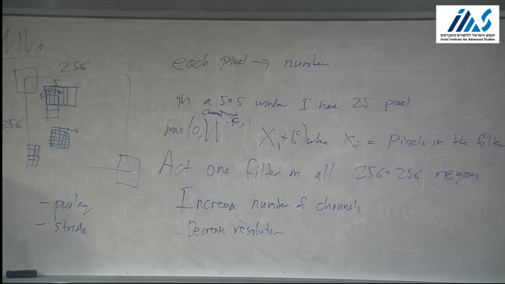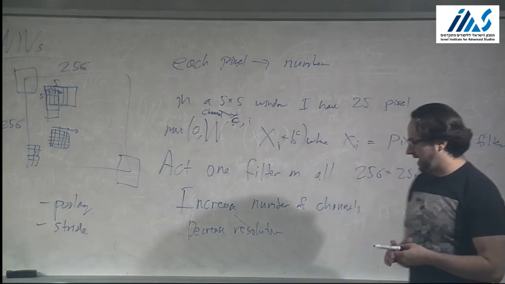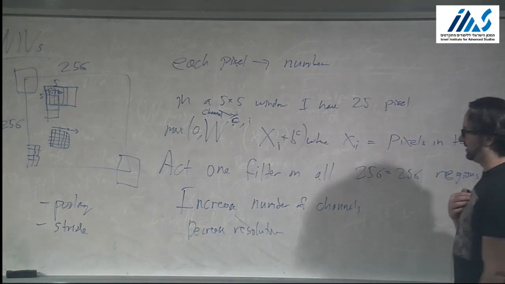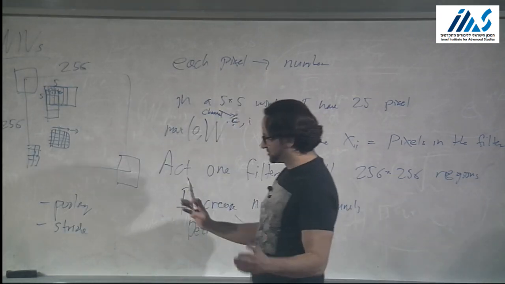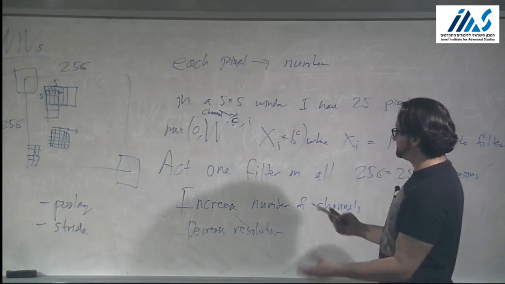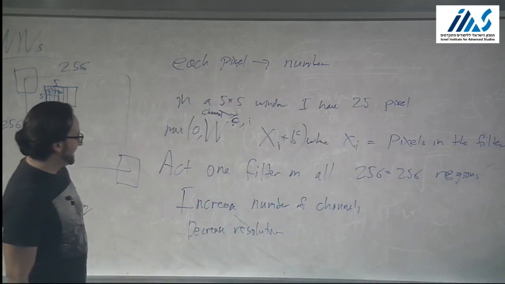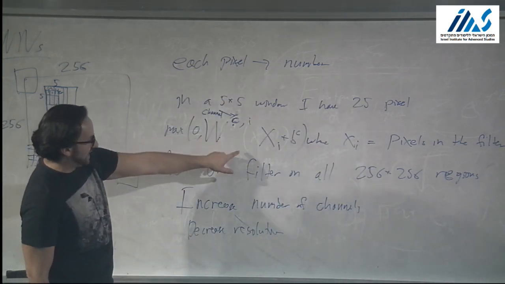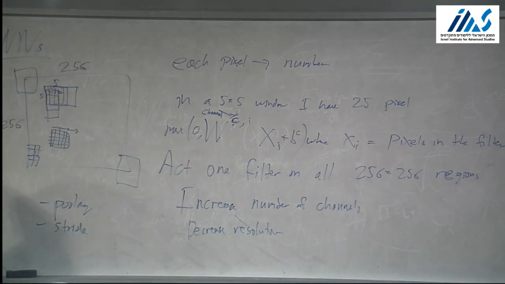And then finally, I take the end result and I process it in some way to make a prediction of whether this was a cat or a dog or a yacht. So this is how convolutional neural networks work. And the huge benefit here is that the number of parameters we have is equal to the number of channels times the number of pixels in the filters.